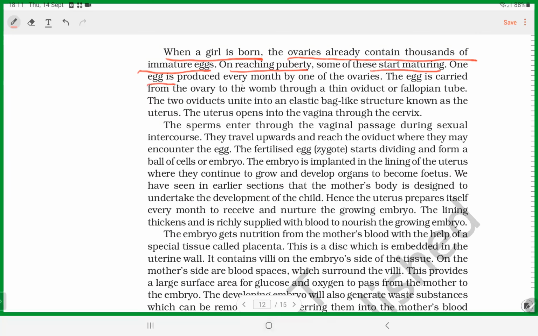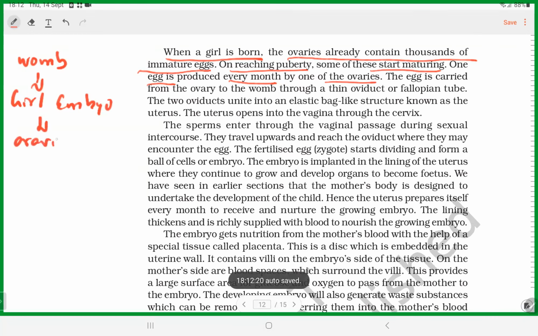Only one egg is produced every month, from either ovary. For example, in the mother's womb, in the embryo of a girl baby, when the ovary is formed, about 4 million egg cells will form, in the womb.